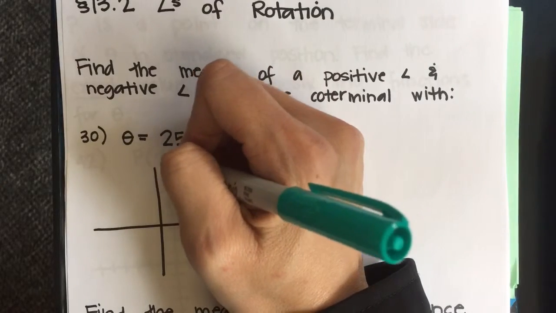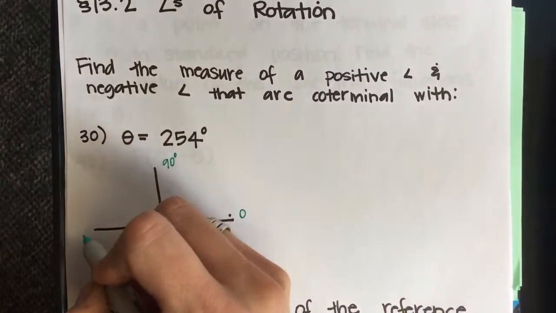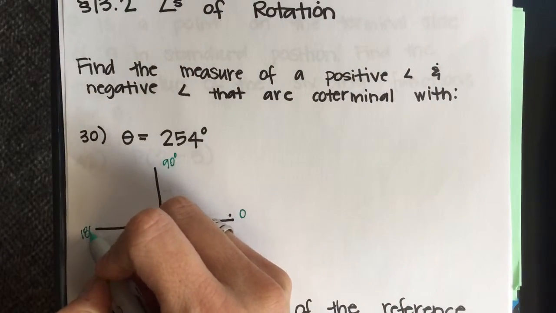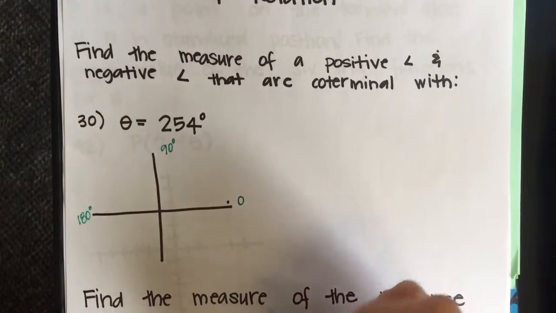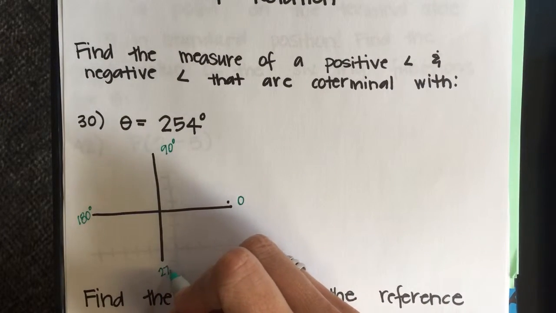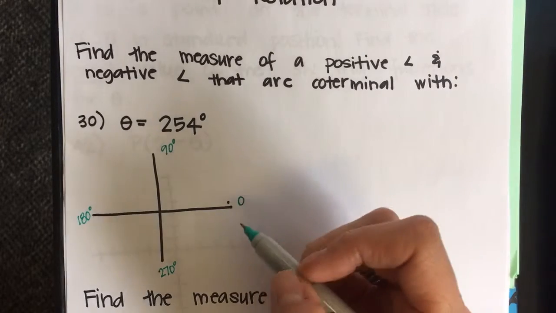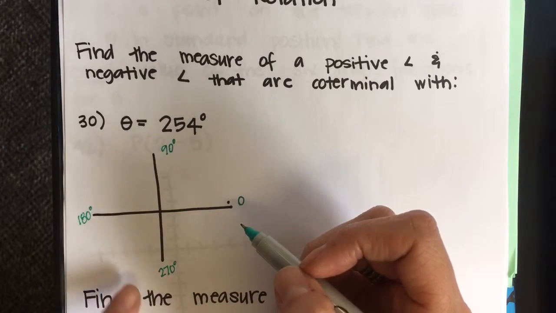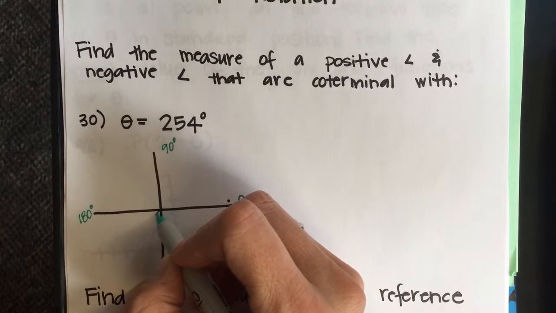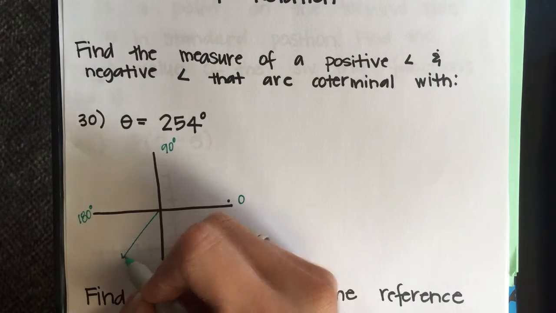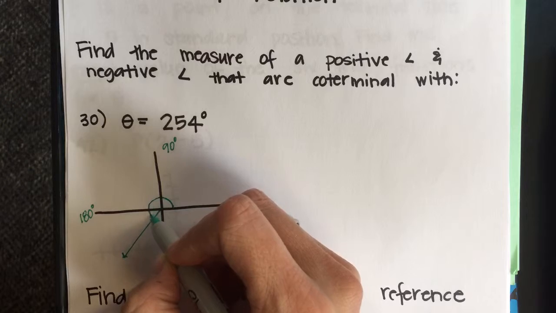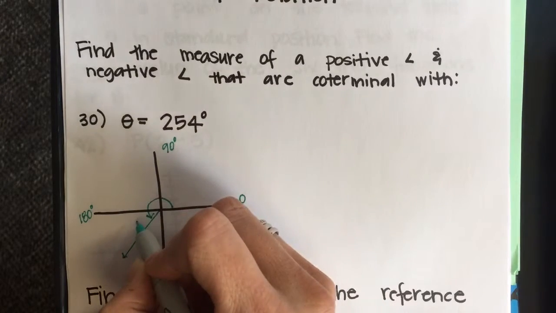So here we have 90 degrees would be straight up, 180 on the left-hand x-axis, and 270 down here. So if I sketch 254, here's 180, here's 270, 254 would be roughly right there. So this is 254 degrees.